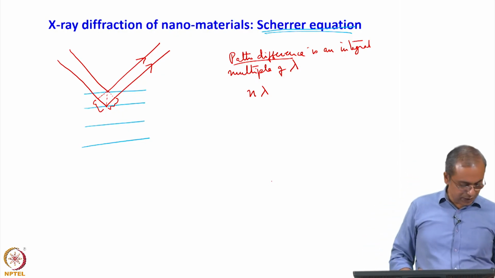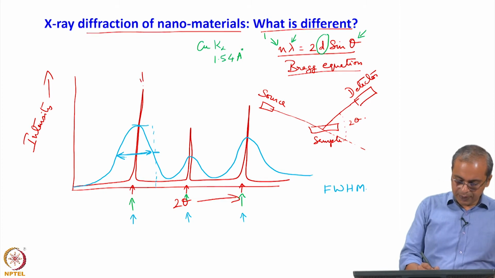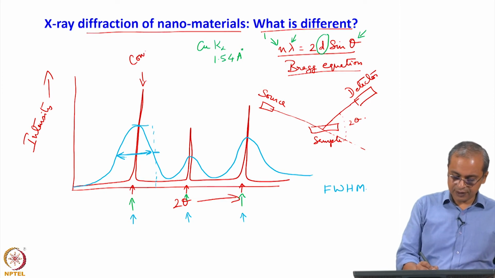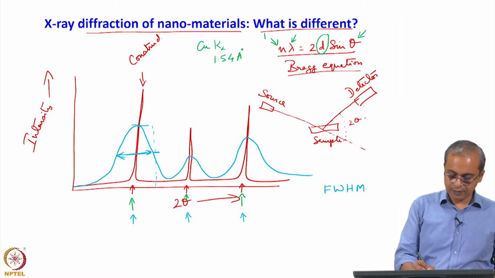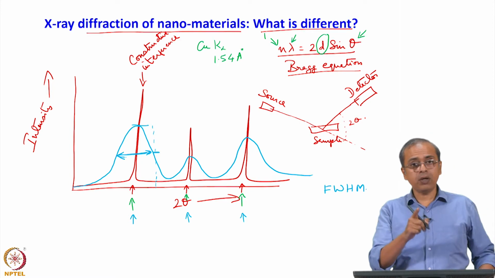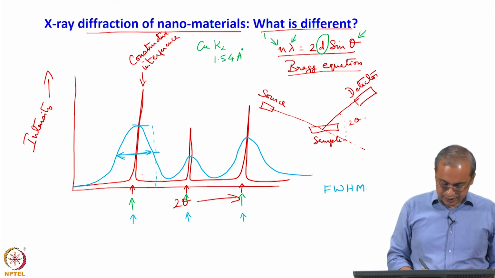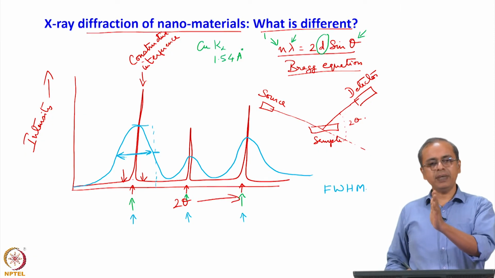Now, it is very interesting to see that you get this peak here because of constructive interference, and that is due to the periodic structure of the material. What is interesting is that you get 0 intensity immediately after the peak and immediately before the peak.